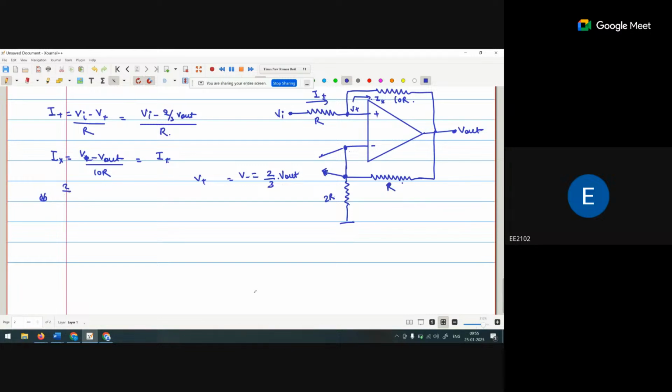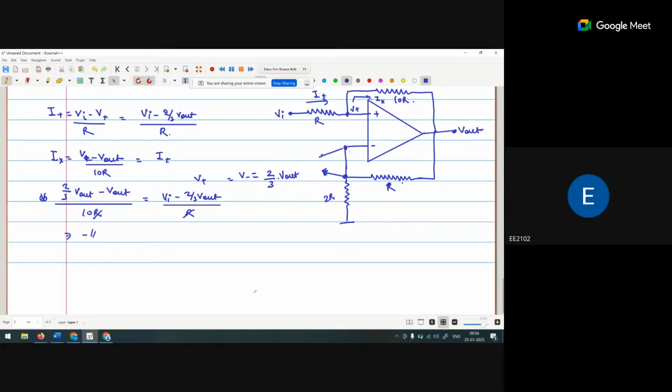So 2 by 3 V out minus V out by 10R is equal to Vi minus 2 by 3 V out upon R. This R and R cancel out.